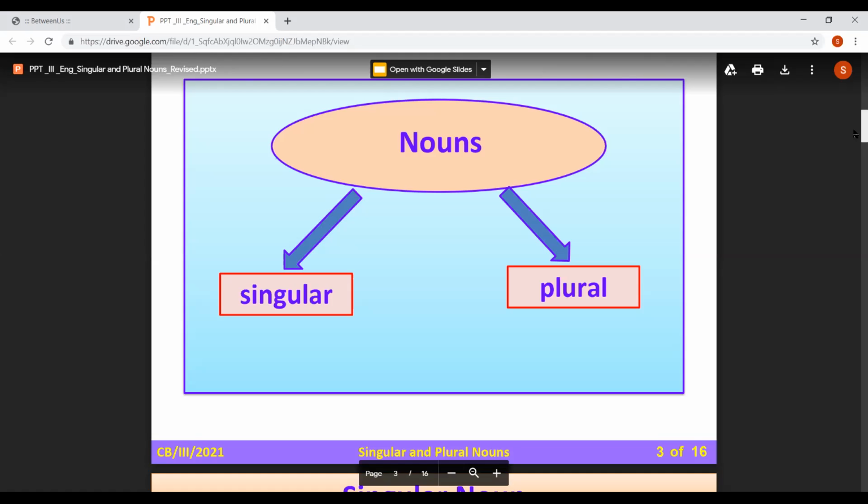There are both types of nouns, and we have to recognize them. Today we are learning changing singular nouns to plural form.